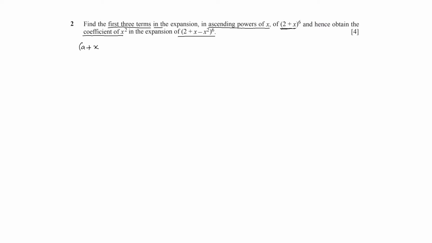Let we have the term (a + x)^n. So its expansion would be a^n plus nC1 times a^(n−1) times x plus nC2 a^(n−2) times x squared, and so on, and somewhere in the middle our (r+1)th term would be nCr a^(n−r) times x^r, plus, and so on, and our last term would be x^n.